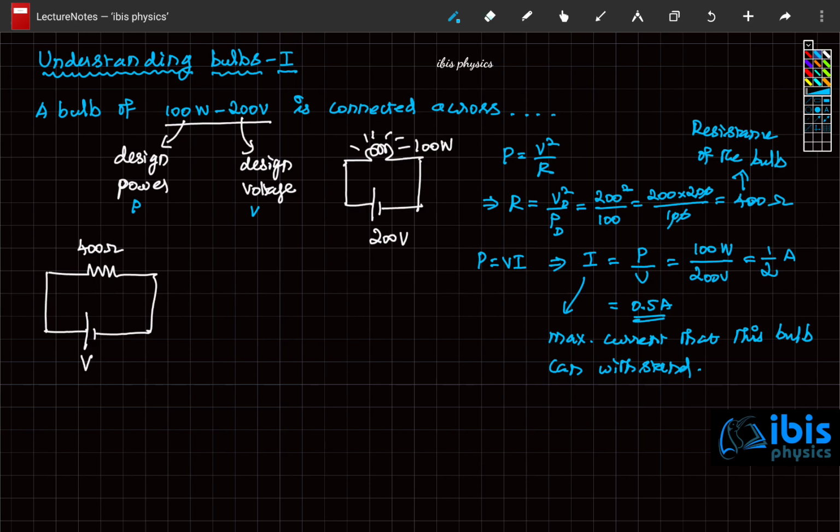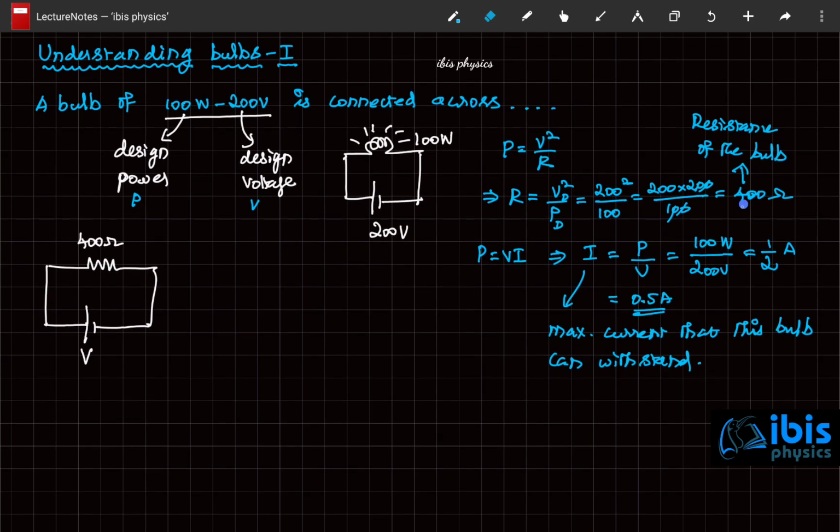So okay, let's try to interpret that. When a bulb is connected across any voltage, it is equivalent to connecting a 400 ohm resistor. Let us assume we are connecting this bulb across, let us say, a 400 volt battery.